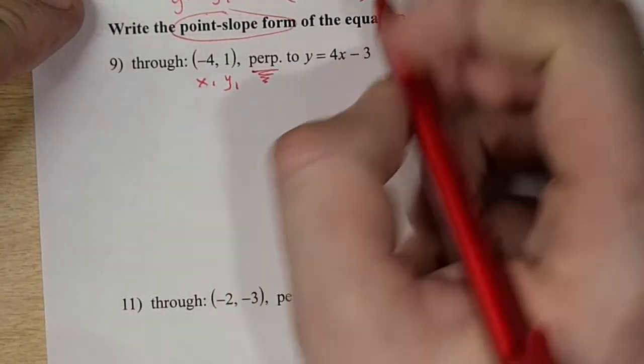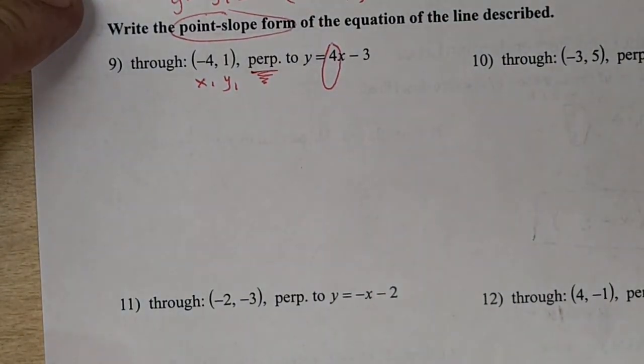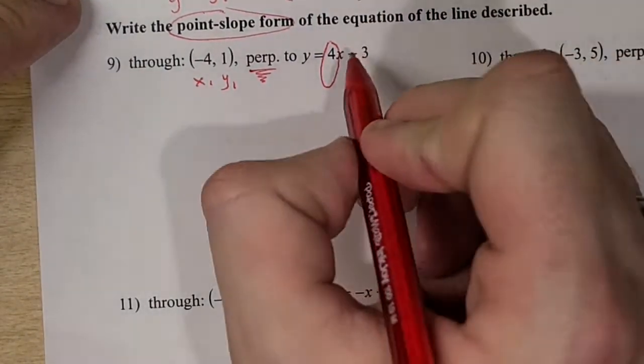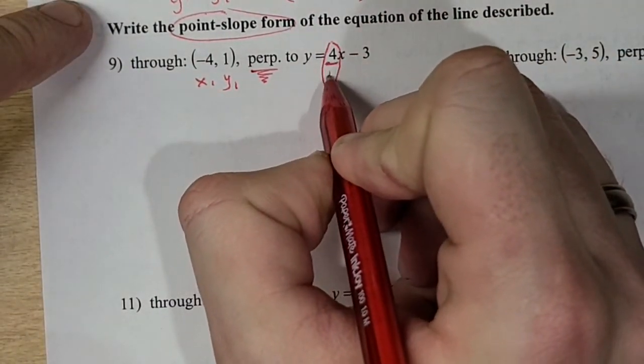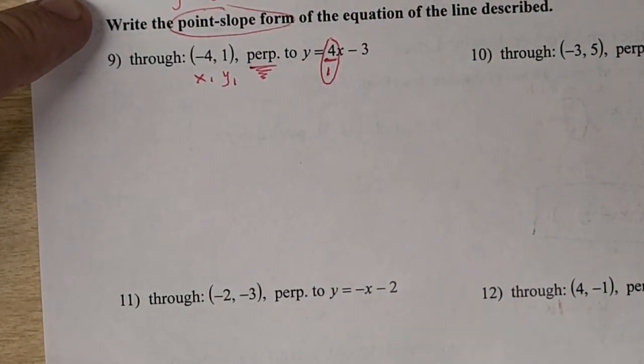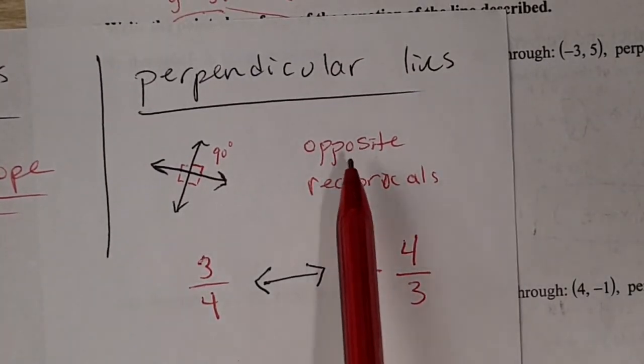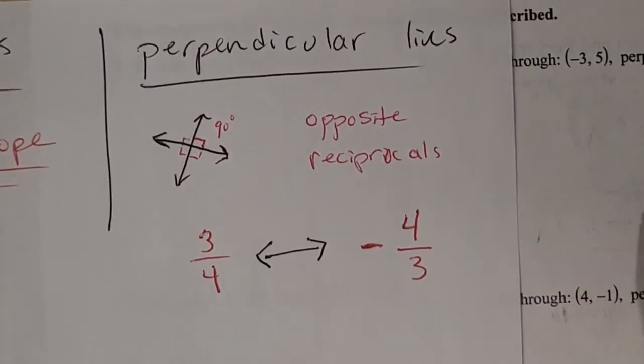So I should look at this and say, well, my slope is still right here. Now I'm going to do something a little strange. You can see here, I put a weird oval. That's because I'm going to make this into a fraction. That is a slope of 4 over 1. Now, let's go back to our perpendicular notes here. Opposite reciprocal.